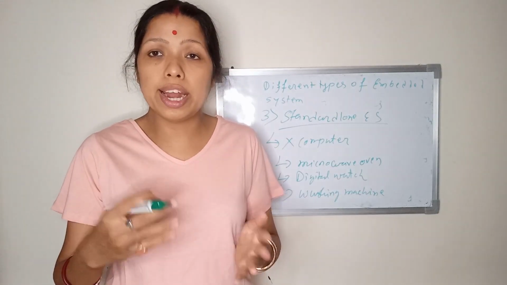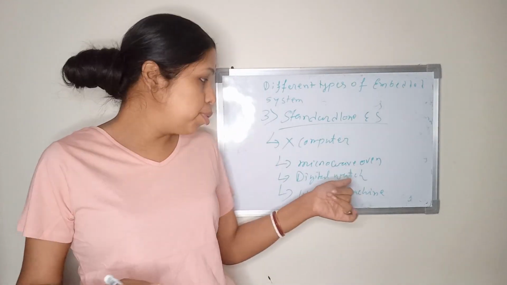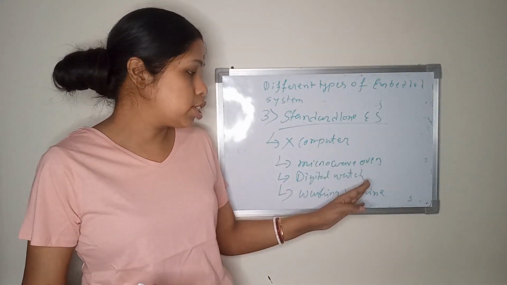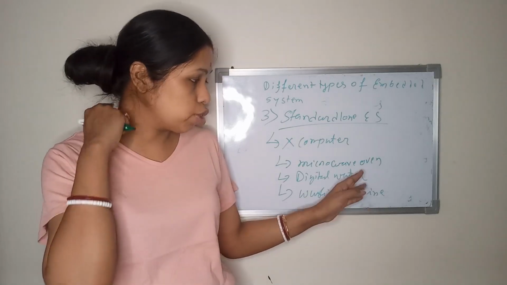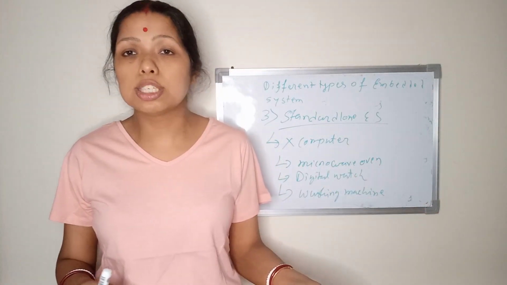To observe that output, you don't need any kind of computer. There will be one display system connected to each and every component, so we can see the modified or processed output in the display system.